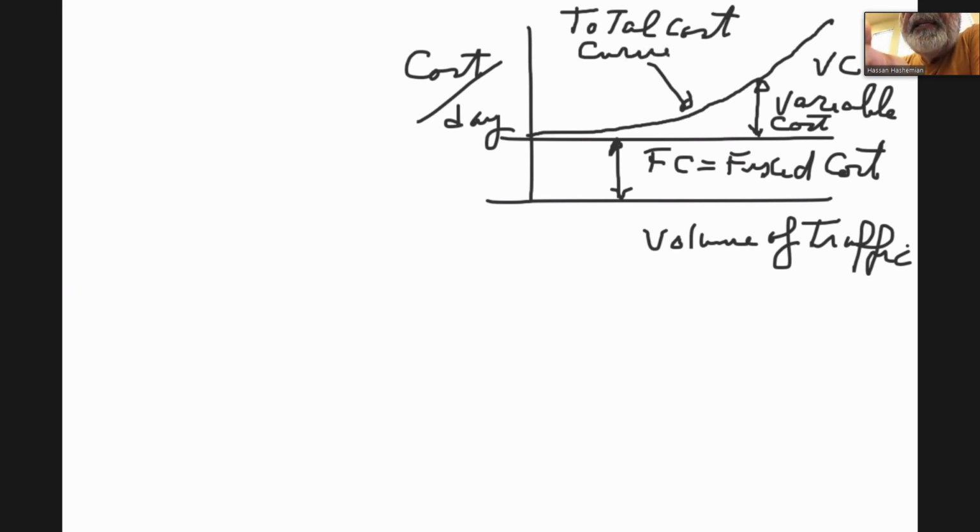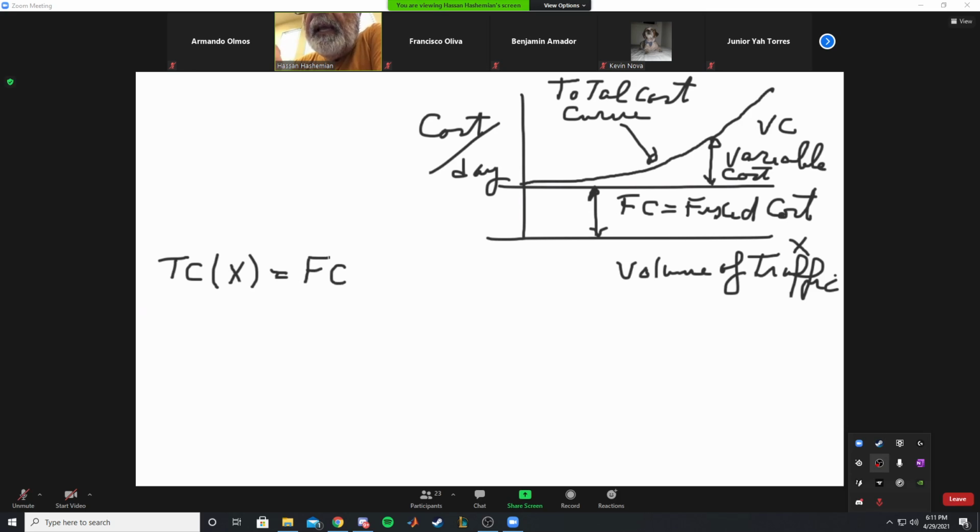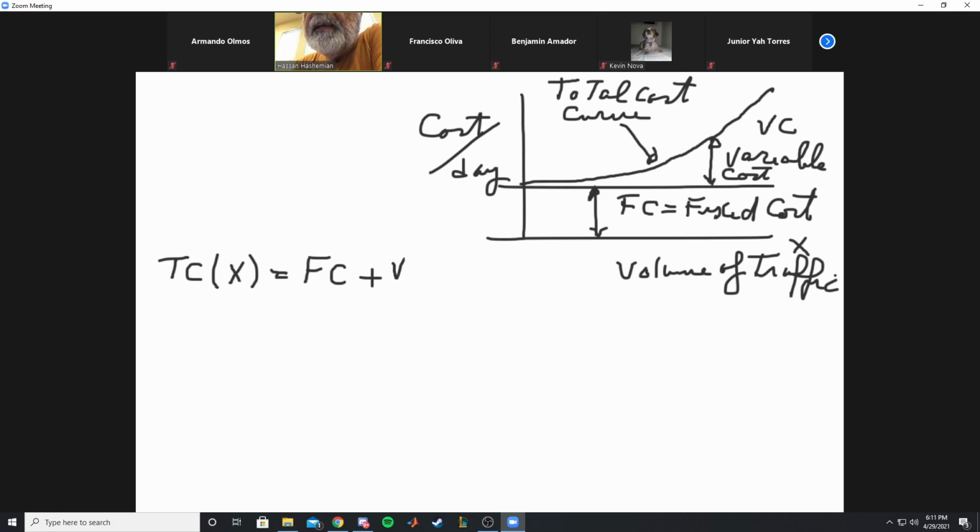So we could just write here that total cost of X, because it depends on X, where X is the volume of traffic, is equal to fixed cost, which does not depend on X, plus the variable cost, which depends on X, correct? So total cost is equal to fixed cost plus variable cost. Any question on that?